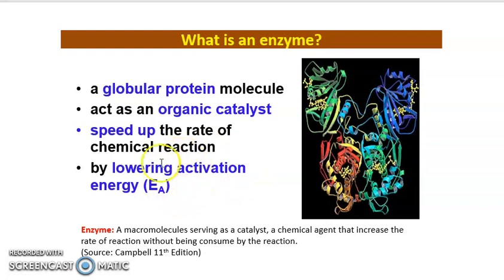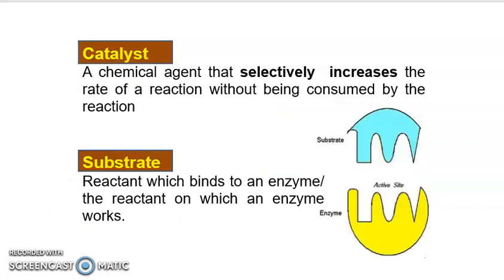Nanti saya akan explain berkaitan dengan activation energy. If you look at the definition of catalyst here, it is a chemical agent that selectively increases the rate of reaction without being consumed by the reaction. So that's why we say that enzyme is an organic catalyst. Bila ada enzyme, it can speed up the rate of the chemical reaction without being consumed by the reaction.